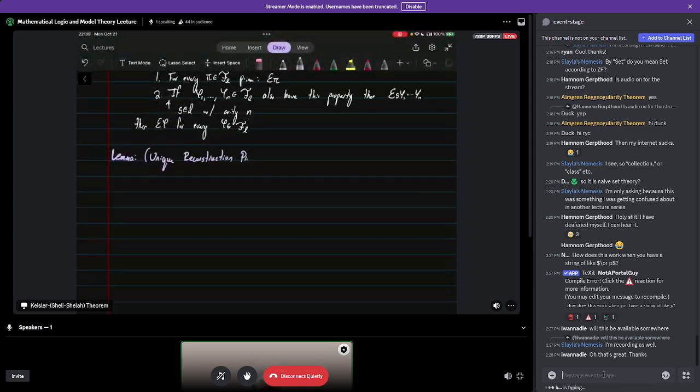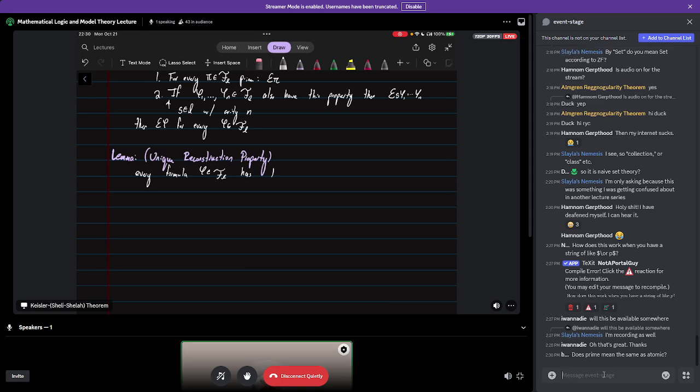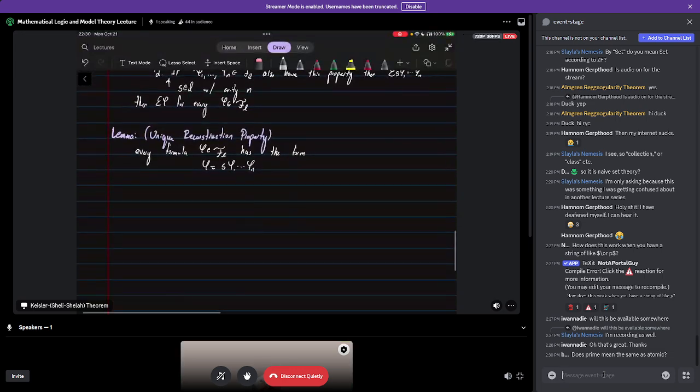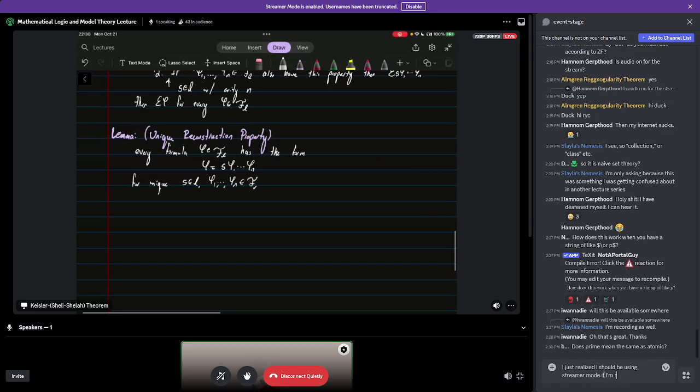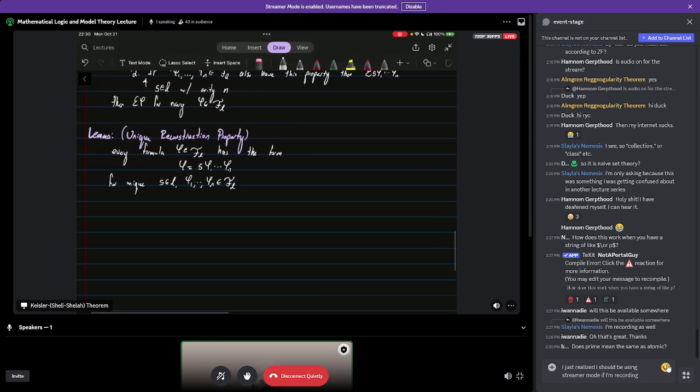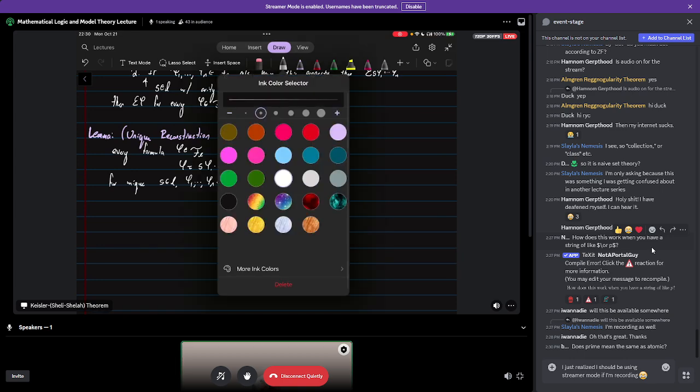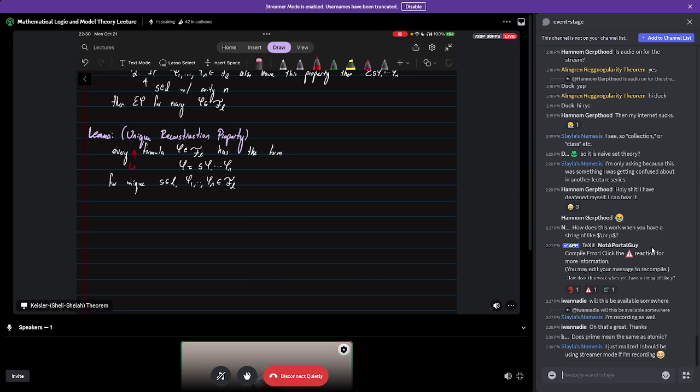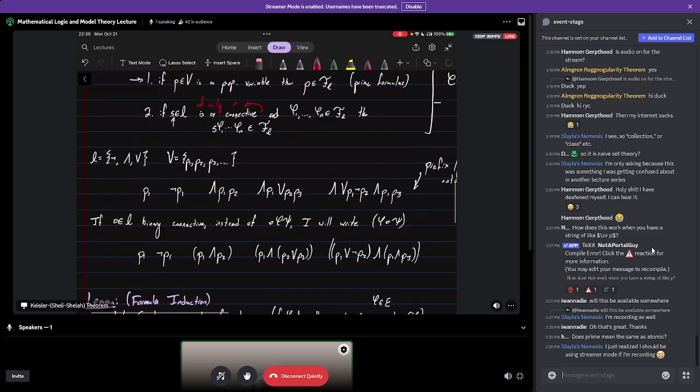What it tells us is that every formula in FL has the form phi equals S phi 1 through phi n, for unique S in L and phi 1 through phi n in F of L. I really should write every compound, so non-prime formula.